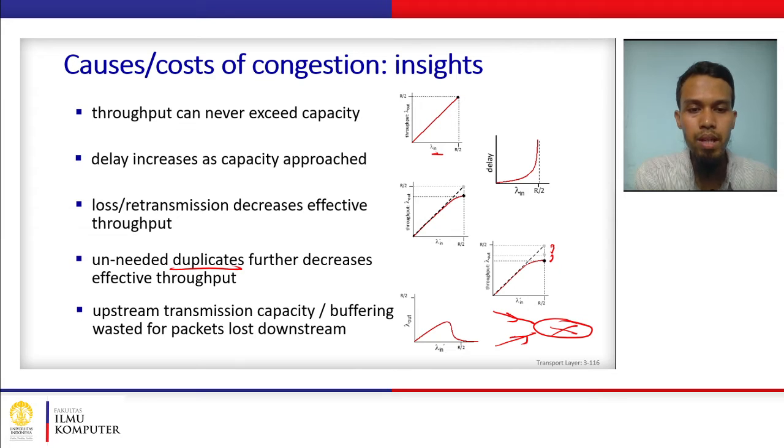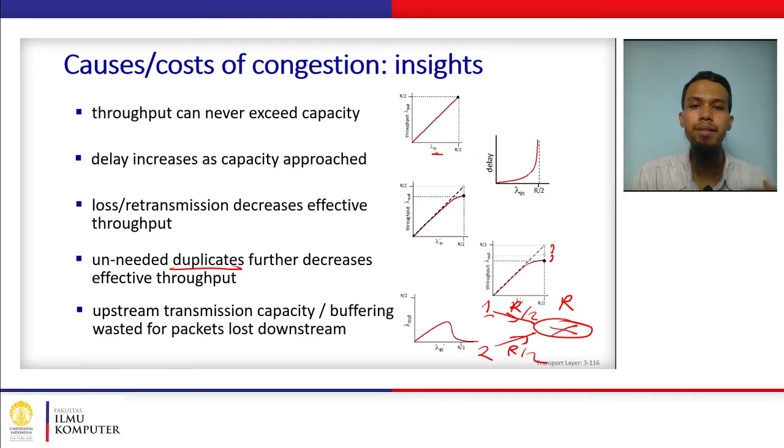Let's say the capacity is R. There are two flows competing for the throughput, or for the rates. If we assume they are the same, the maximum throughput for each of these two flows should be R over 2, half of R.